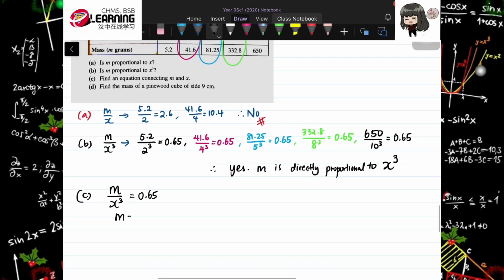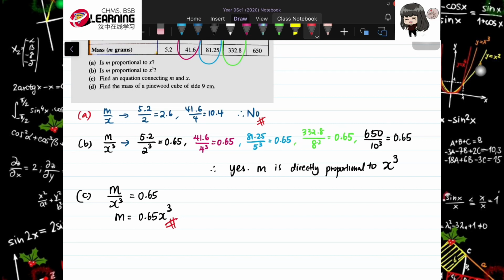So your M is equal to 0.65 X cubed. Even though it's X cubed, it's still X there.